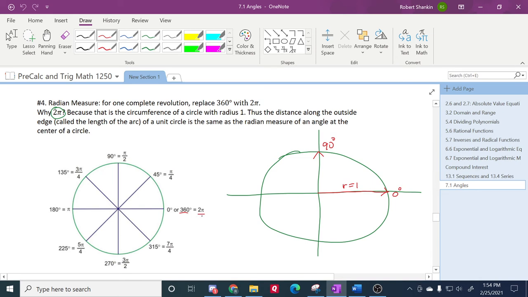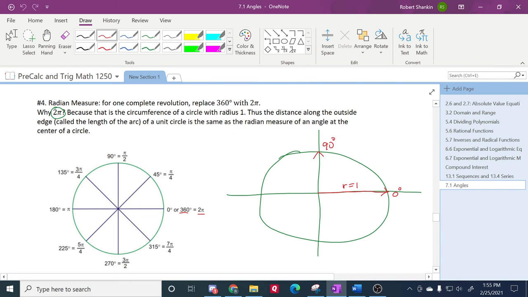Now, the more we get into trigonometry, the less you're going to see degrees. And going into calculus, we very rarely see degrees. We're doing radian measure almost all the time. Oftentimes an initial problem will be stated in degrees because that's what most of the world is familiar with.